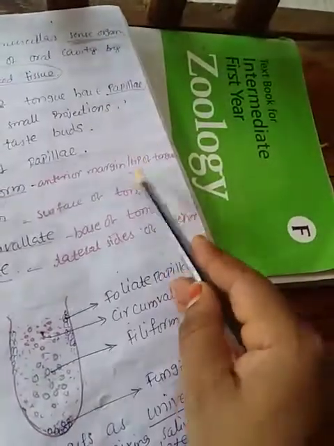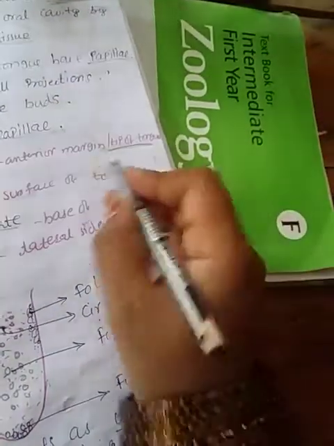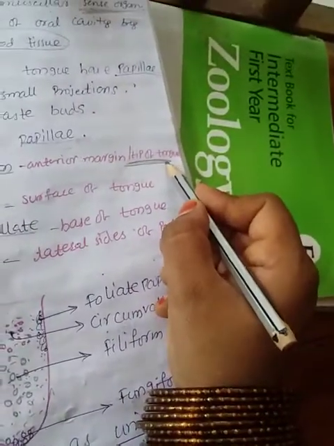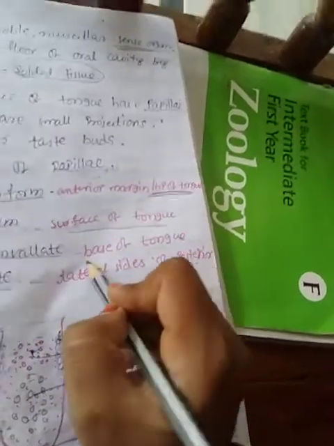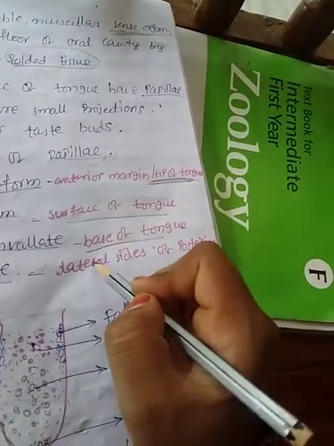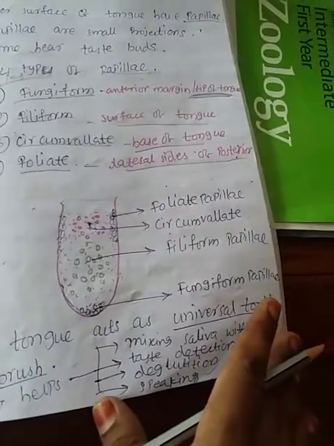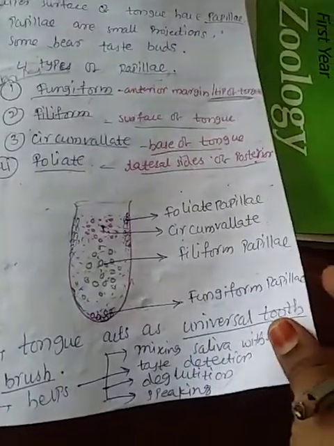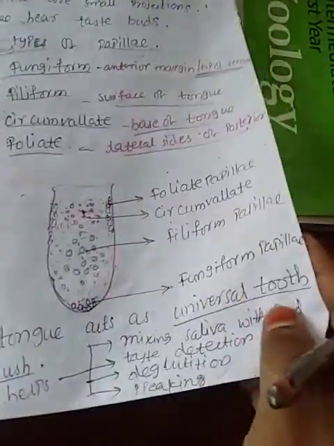Fungiform is located on tip of the tongue, filiform on surface of the tongue, circumvallate at base of the tongue, and foliate on lateral sides of the posterior. Tongue acts as a universal toothbrush. It helps in mixing the saliva with food, taste detection, deglutition, and speaking.